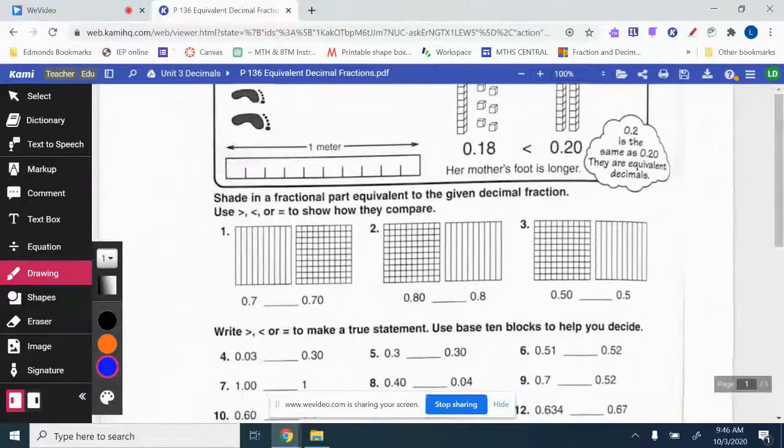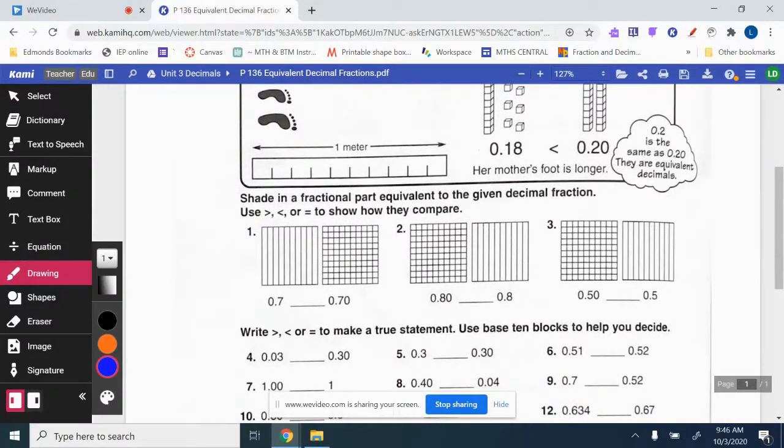So for one through three, they want you to shade in the fractional part of the equivalent given the decimal fraction. And then they want us to compare it, aka color it in and then compare. So if I'm coloring this in, I have 1, 2, 3, 4, 5, 6, 7 tenths.